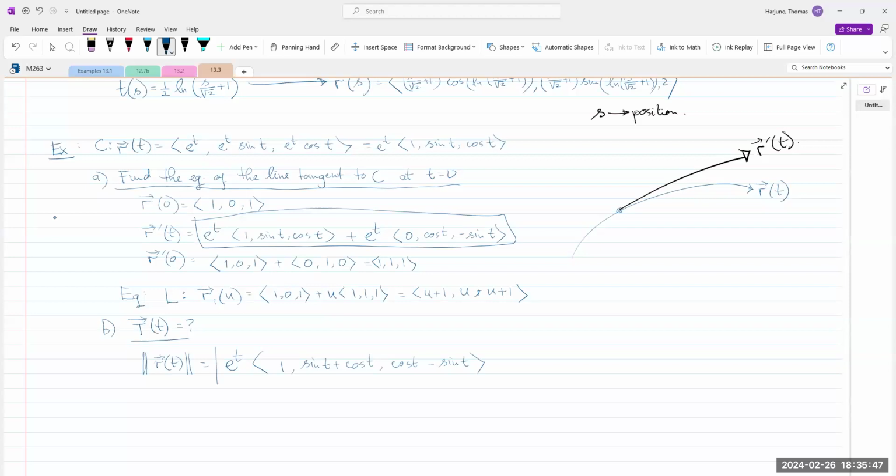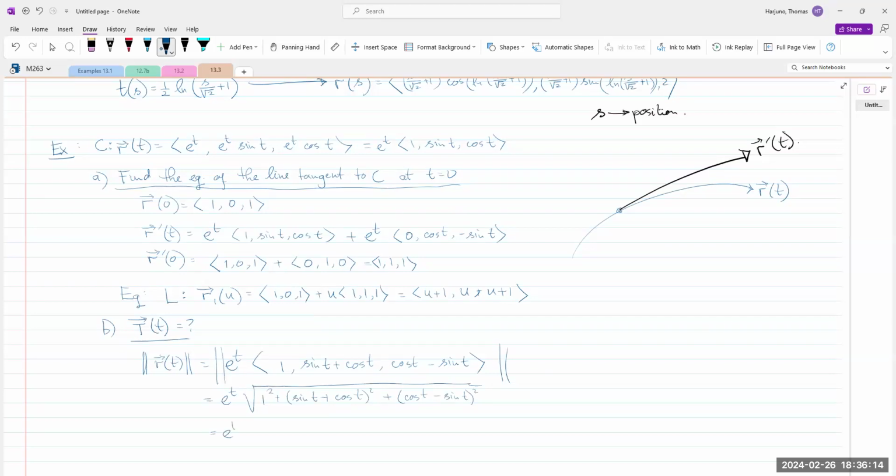So I need the length here, which equals e to the t times the square root of 1 squared plus (sine t plus cosine t) squared plus (cosine t minus sine t) squared.